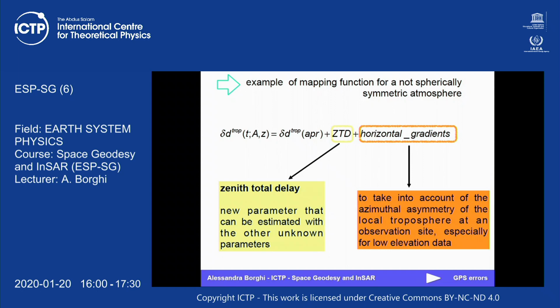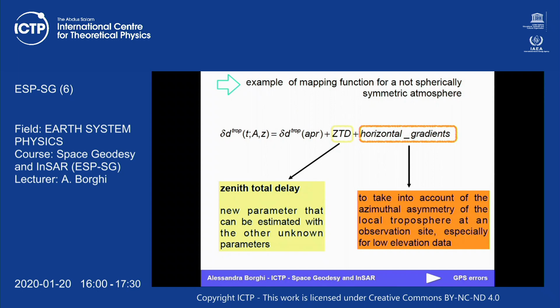Not for each satellite. Just a moment, I have to remember. No, not for each. For every hour we are going to estimate these delay parameters. Usually the time interval is 1 hour.